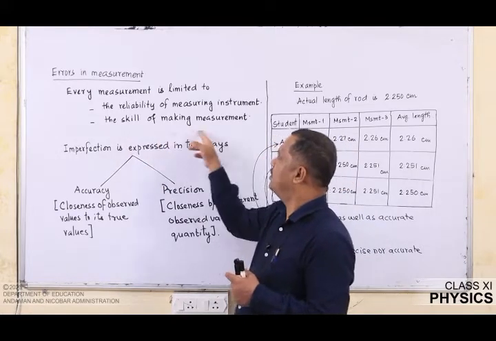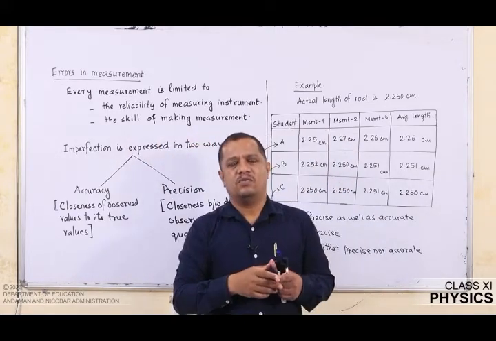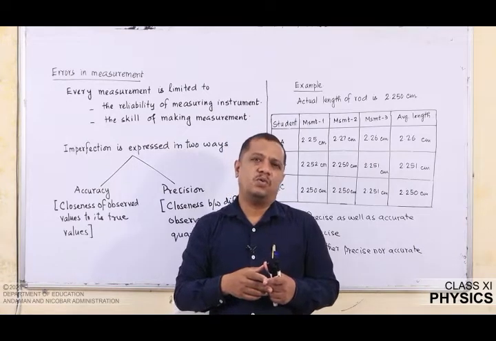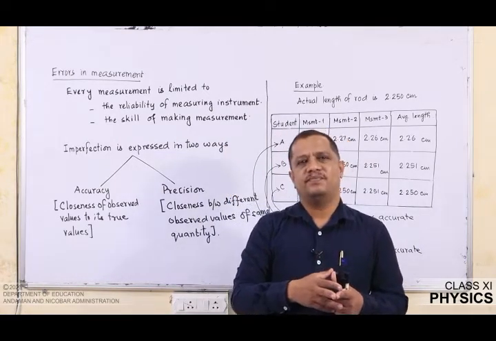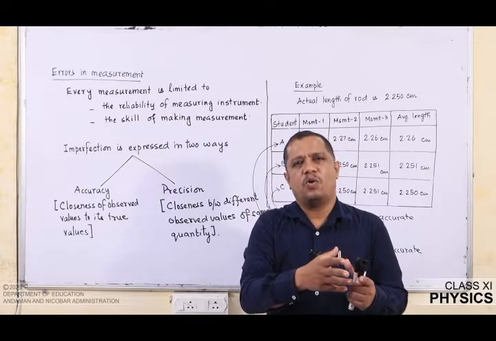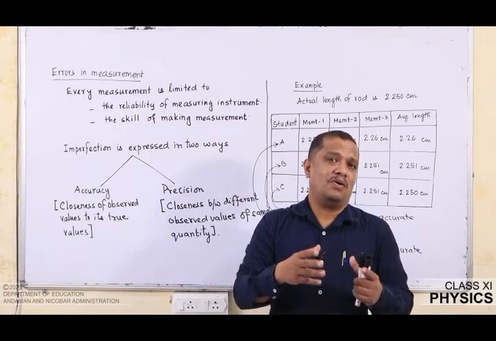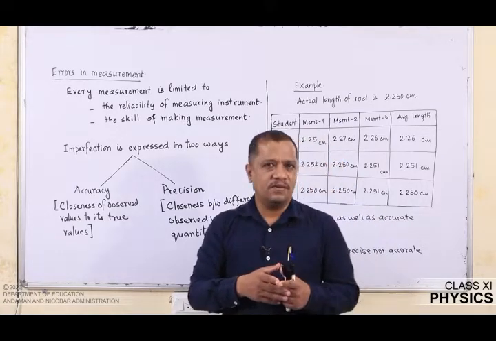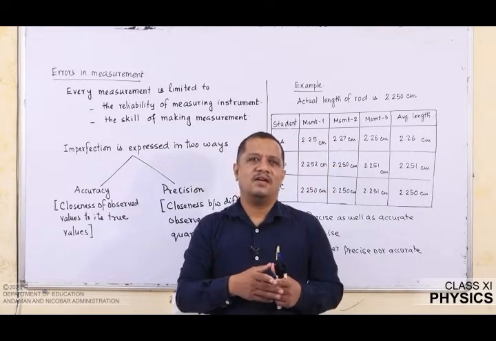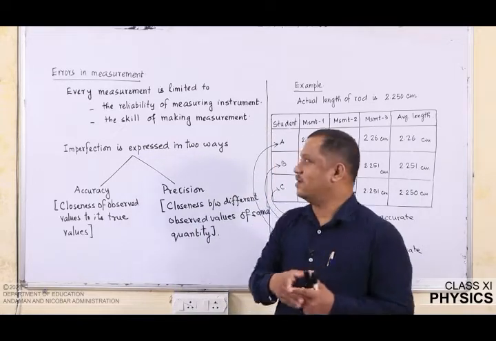Next, it depends upon the skill of the person who makes the measurement. A more skilled person can measure any physical quantity close to its true value, but not exactly the true value. In case he finds it, then we should say that he is really lucky.